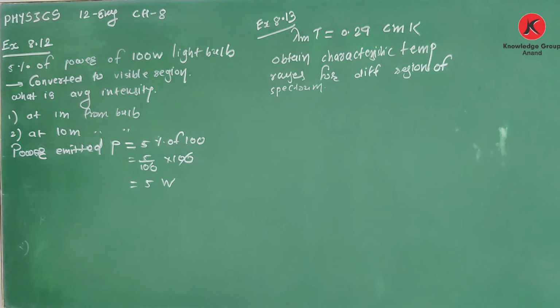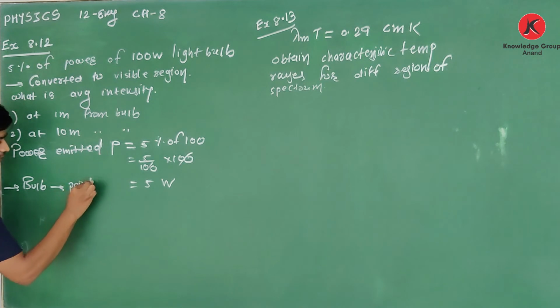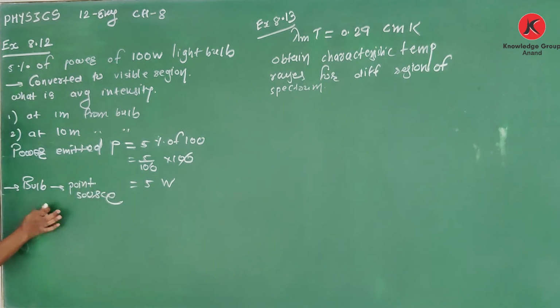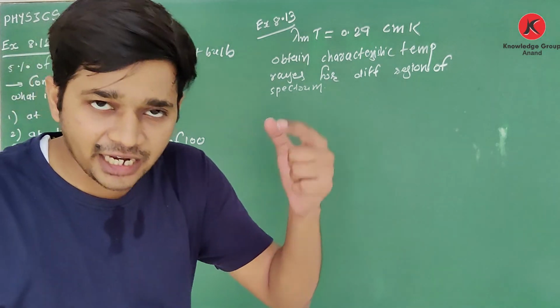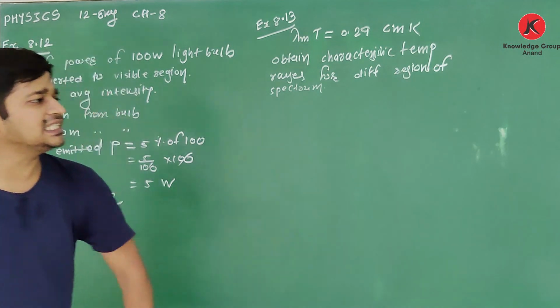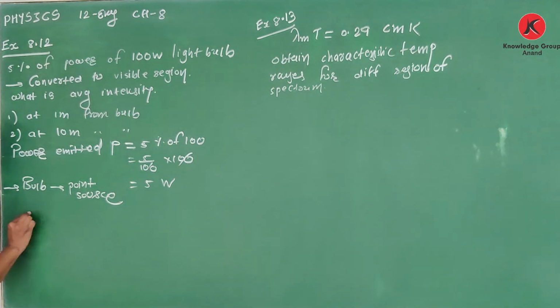Now I can consider this bulb as a point source, and for a point source, the intensity is the same in all directions at the same distance. What is the equation of intensity?